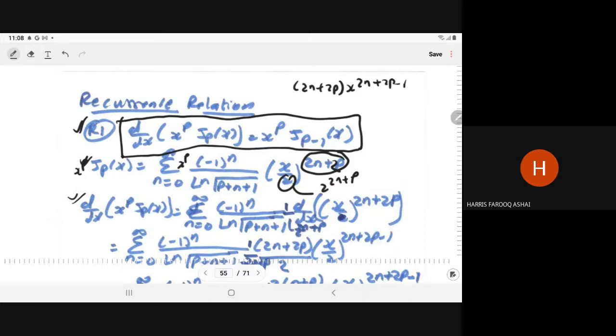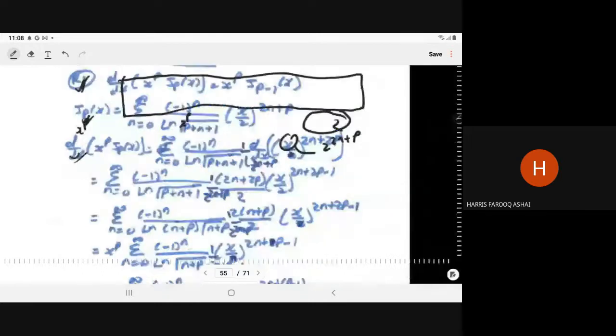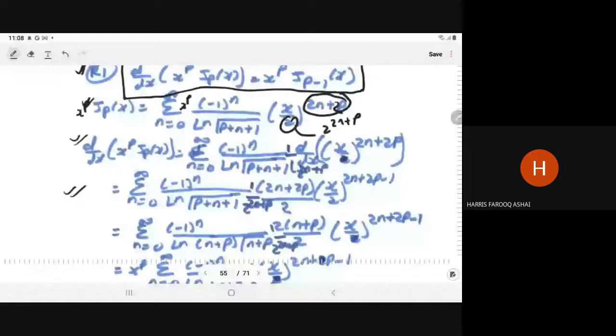So in the next line, we have the derivative: summation (-1) to power n upon factorial n gamma of p plus n plus 1, and here we have 2n plus 2p, and x to power 2n plus 2p minus 1. We are adjusting the 2 to power 2n plus p.